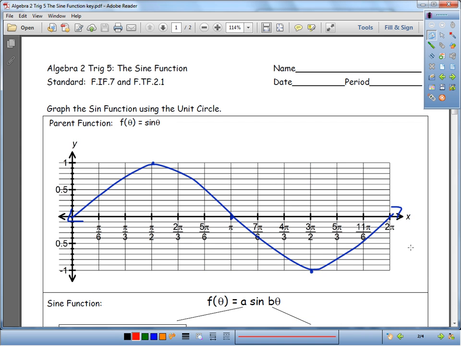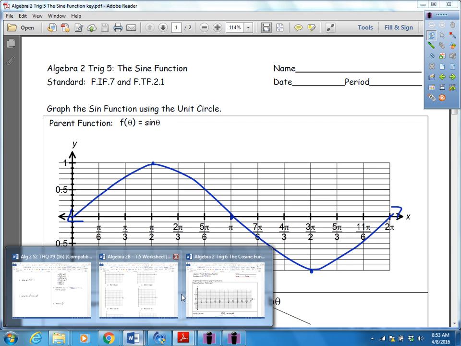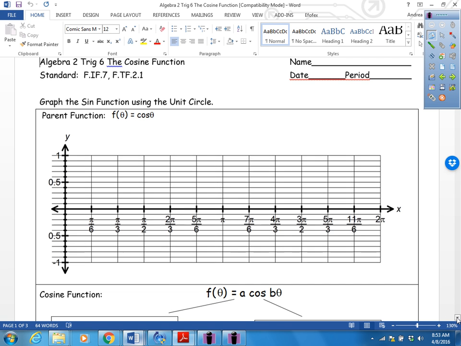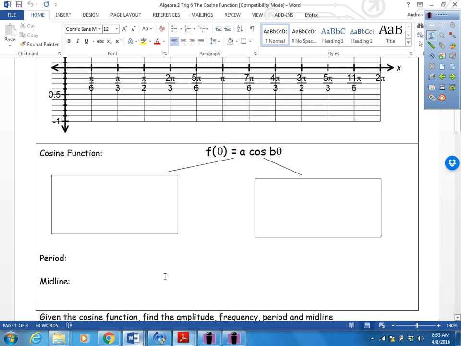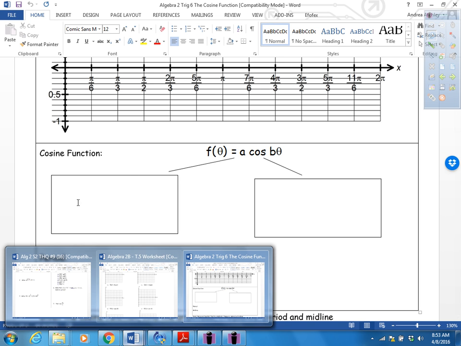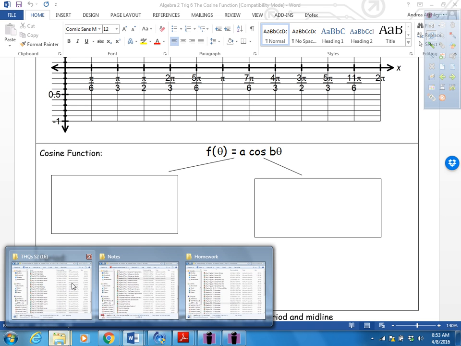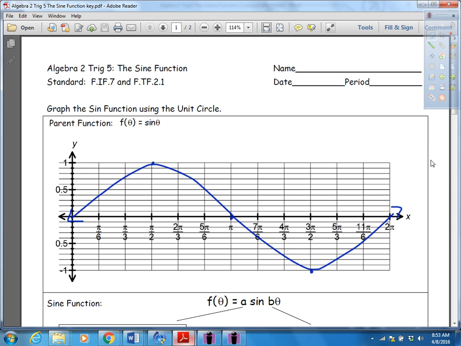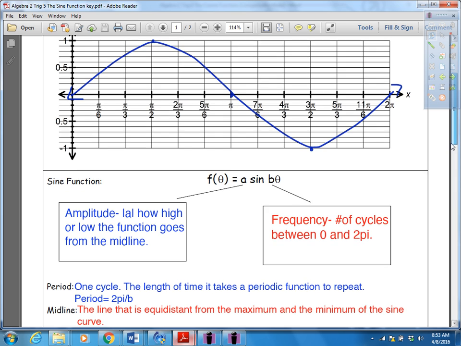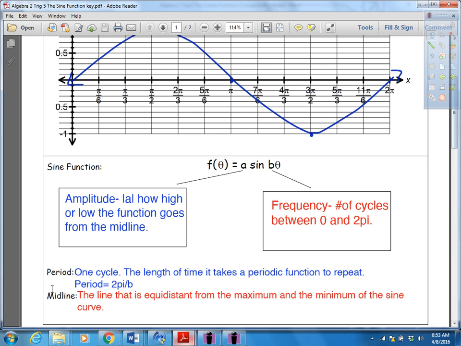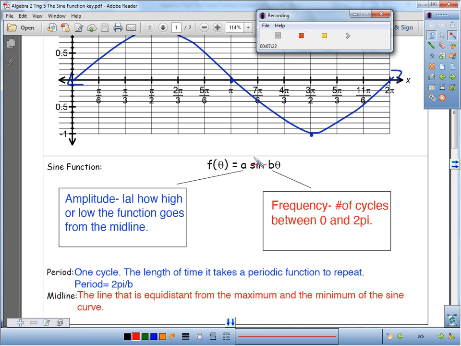So we now need to fill in all of this again. It's the same information that we got from sine. So the A is the amplitude. Okay, so write that in. The only difference is this is cosine now on your page.